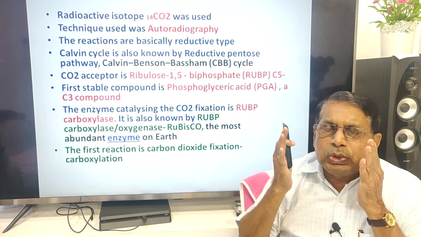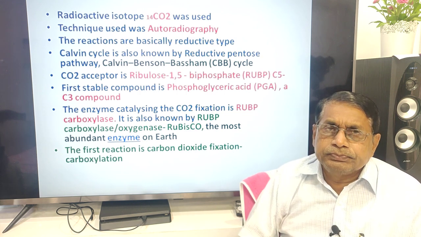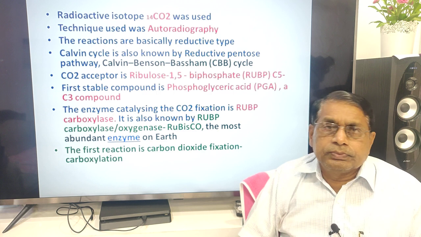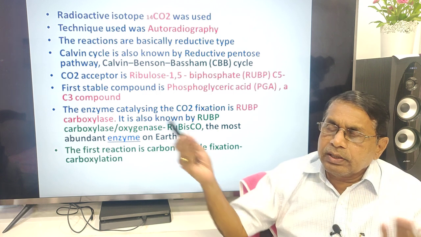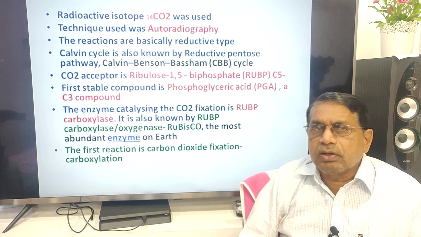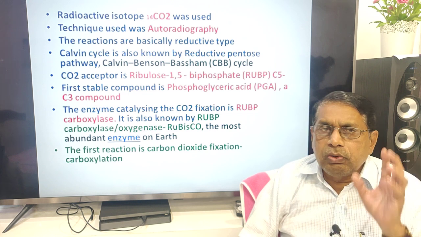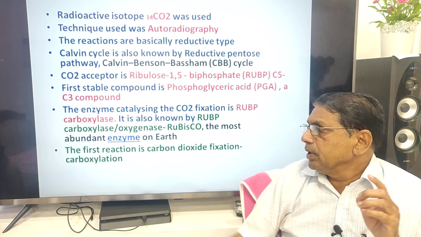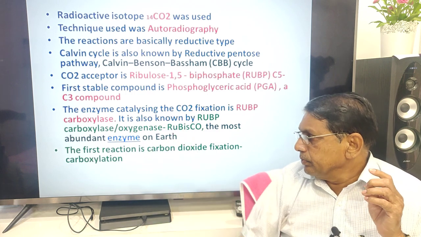This is the most abundant enzyme in nature because all green plants perform photosynthesis, and all of them fix carbon dioxide. The most abundant enzyme in nature is RuBisCO.